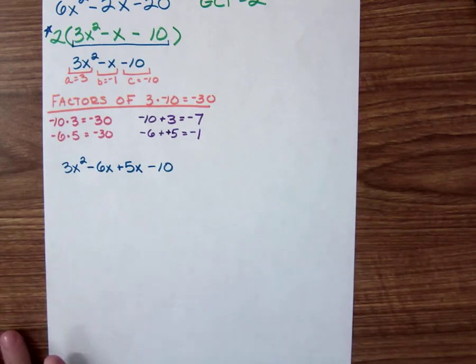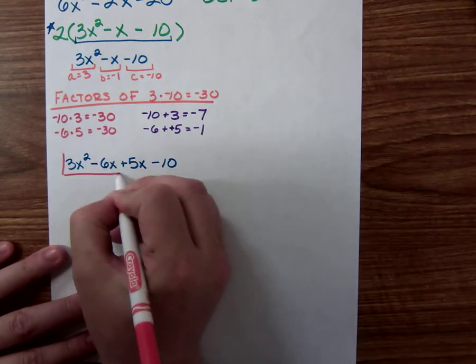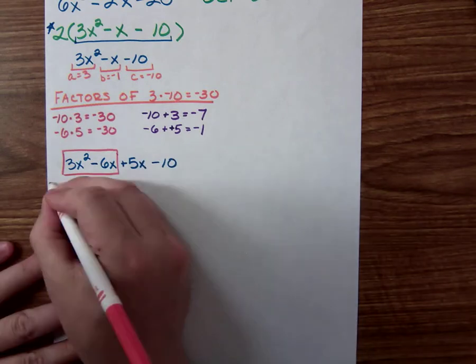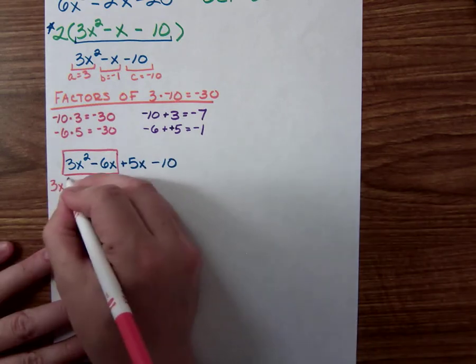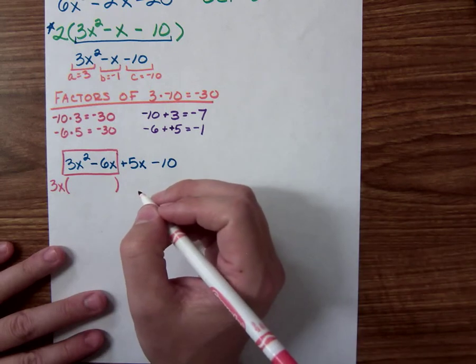Okay? I'm optimistic so far. Now what? Factor by grouping. So let's put the first two together. 3x is the GCF. What's left?